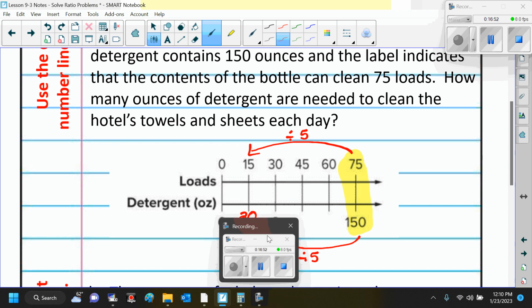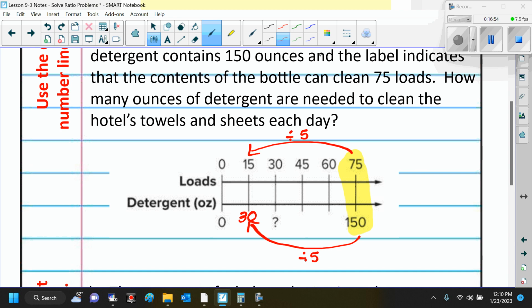So now I can go from 15 to 30 by doing what? Scaling up by multiplying times 2. So now I can multiply times 2 down here. So 30 times 2 is 60.